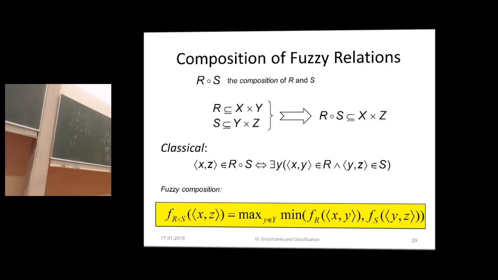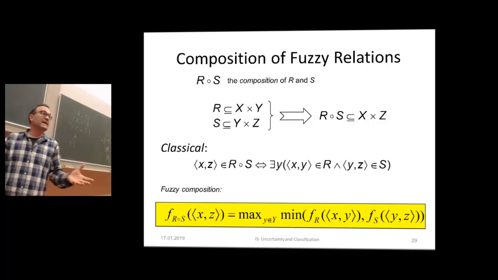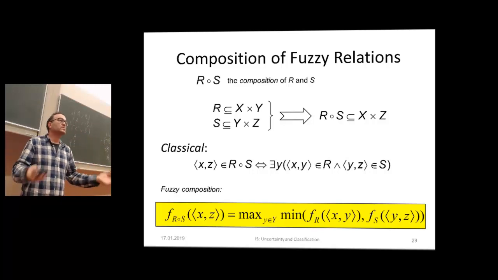In classical logic, this doesn't exist. There are logics which explicitly allow you to reason over relations between objects. And composition is one of the things that's very useful. Information science and AI students have seen it in knowledge and data modeling and object modeling.